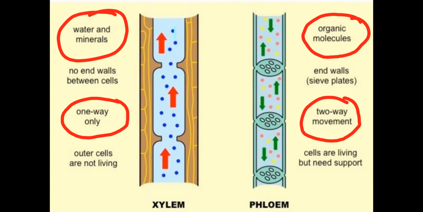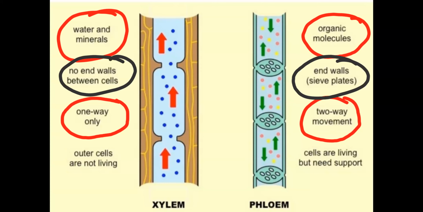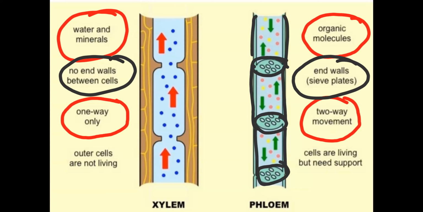If you focus upon the phloem part, the end walls are not fully degenerated in the sieve tube members. यहाँ पे जो वेसल मेंबर्स थे उनके बीच में पूरा wall degenerate कर दिया and continuous passages created.